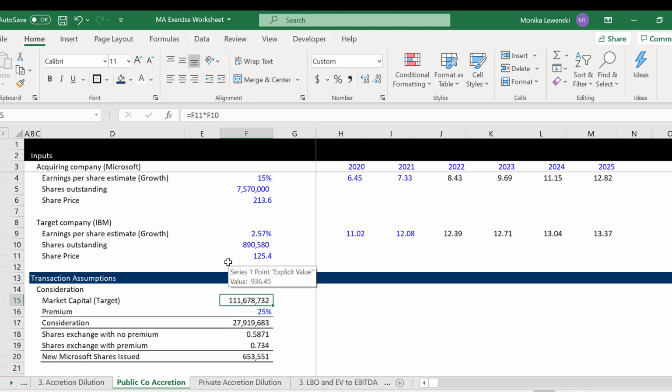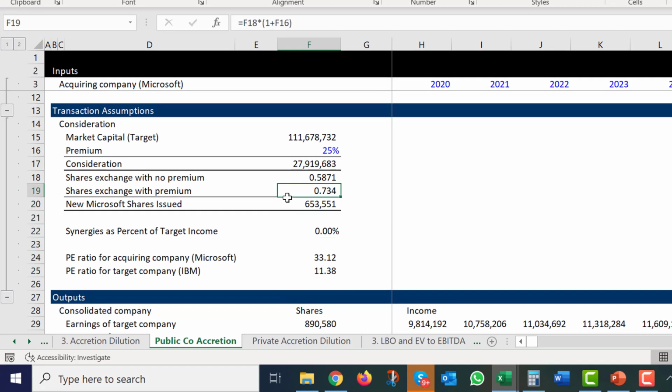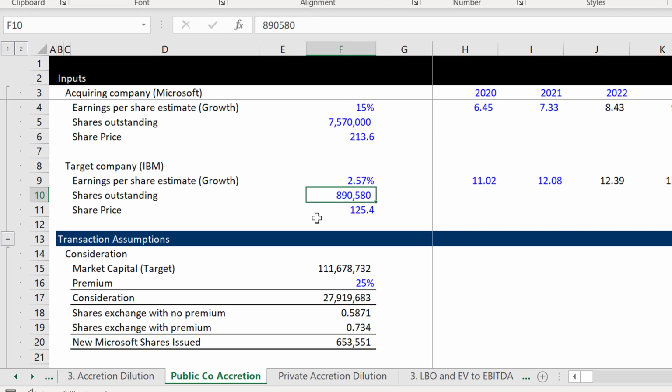Now, we make some transaction assumptions, and in our transaction assumptions, we're going to do a share exchange. If we take the current share price of our target company and divide it by that of our acquiring company, this says that as a shareholder of IBM, I can either get my one share that's worth 125, or I could multiply it by 0.58 and get the exact same value of Microsoft.